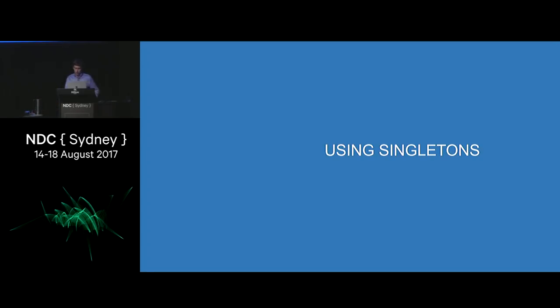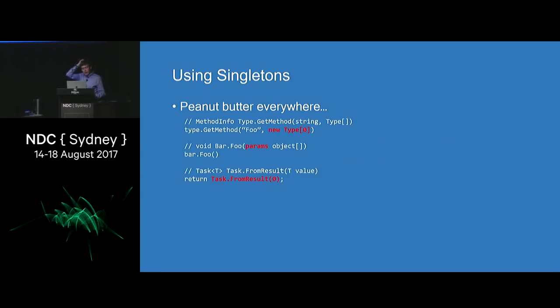Using singletons. Another beautiful source of things. May not apply. Well, actually, this one will apply, but I have another one that may be a little bit more specific to our workload. But this one is a pretty easy one, just pointing it out. Things like params arrays, for example, those are allocators.